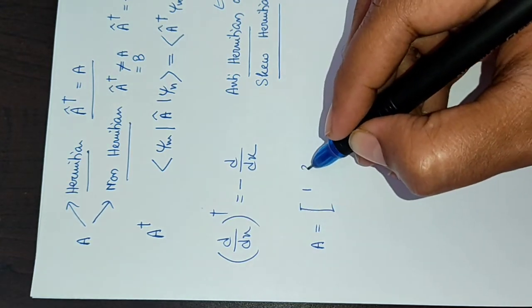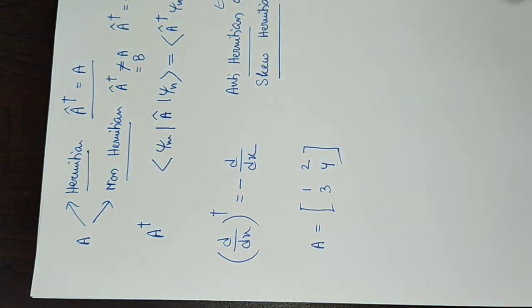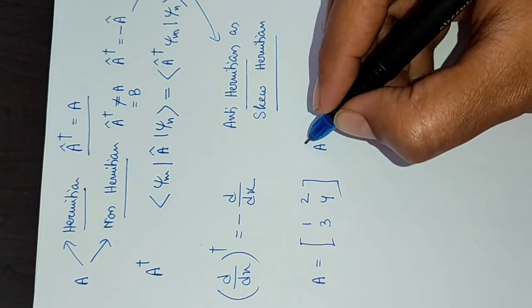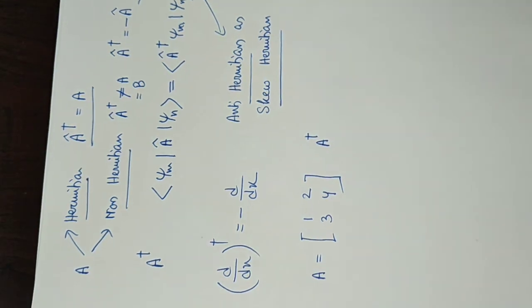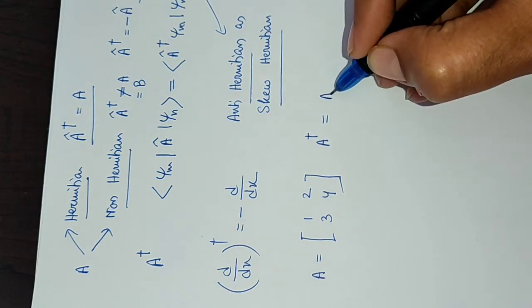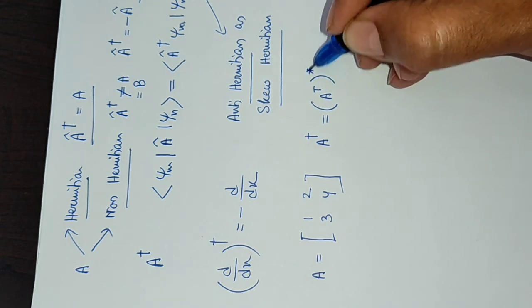Let us take a matrix 1, 2, 3, 4. It is a 2 by 2 matrix. Now, how is the adjoint defined? The adjoint of matrix A is defined as: we have to take the transpose of it and then the conjugate.